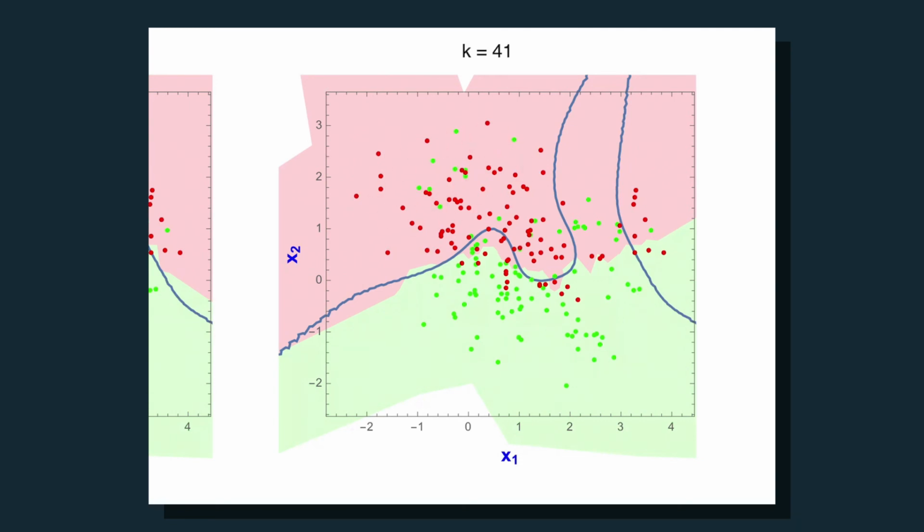So the general boundary is now much more solid, except now because the number is too big, we start getting bias and underfitting. We're actually missing this region, which should in the ground truth be green, but isn't because of this high k we have.